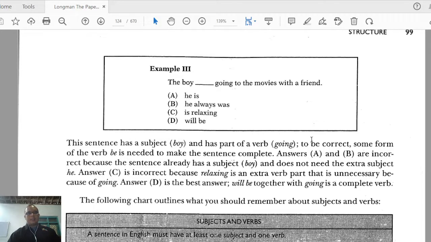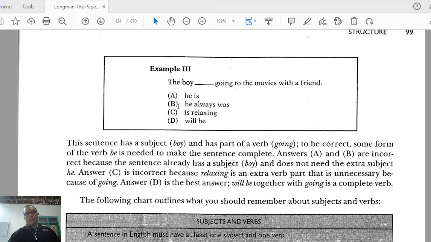To be correct, some form of the verb be is needed to make the sentence complete. Answer A and B are incorrect because the sentence already has a subject, boy.